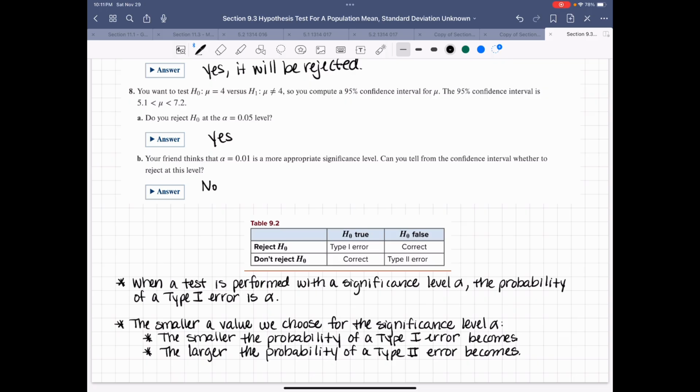The second bullet says the smaller a value we choose for the significance level alpha, the smaller the probability of a type 1 error becomes, and the larger the probability of a type 2 error becomes.